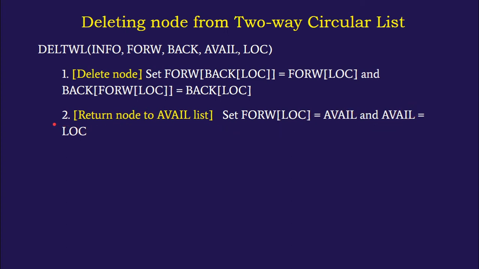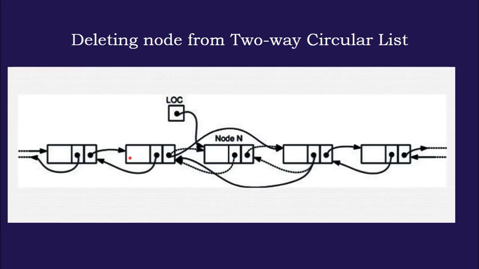That means the node occupied by LOC is pushed to the avail memory. Next, that's all, exit. So these are the two simple steps to remove a node from a doubly linked list.